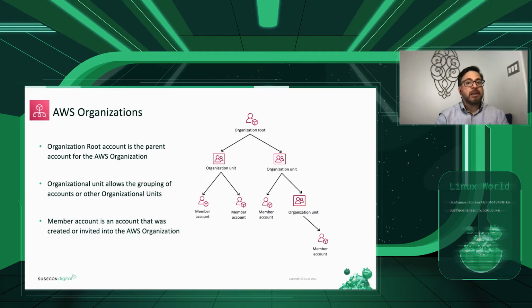It really depends on how you want to organize your accounts. A member account is an account that you created or invite into your AWS organization. It is not a special AWS account or service. Additionally, a member account can be removed from the AWS organization and become an independent account. So let's take a look at VPC sharing.